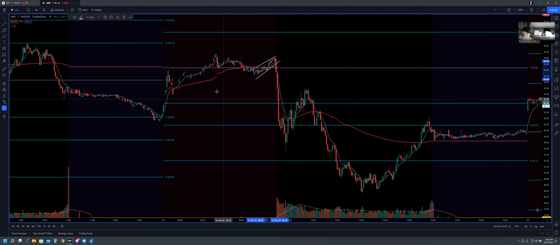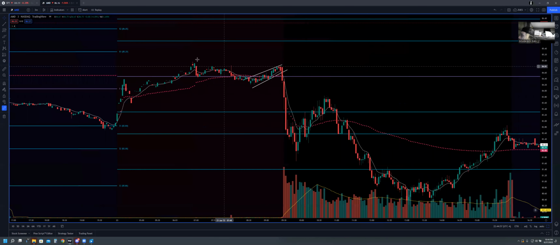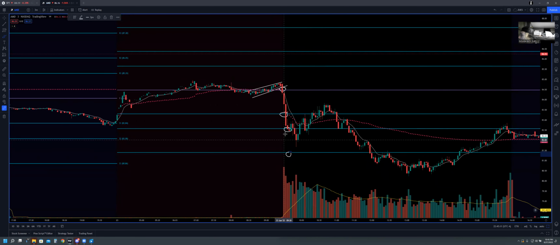So pre-market, you see this flag setting up, or this channel. And then once we break this flag or channel and pivot point at the same time, then you could enter puts and you see this would have been your first target, second target, third target right there. But it only went to your first and second. I would have been all out on the first target.